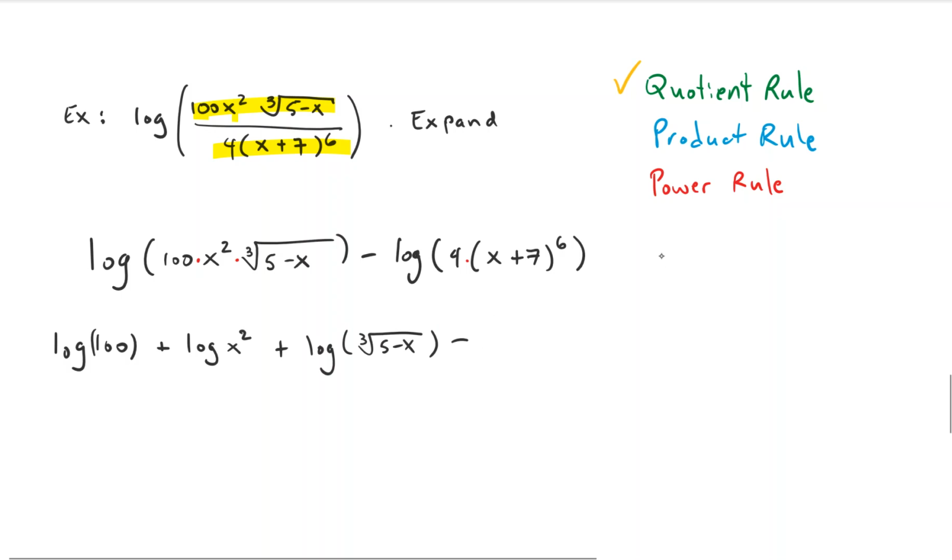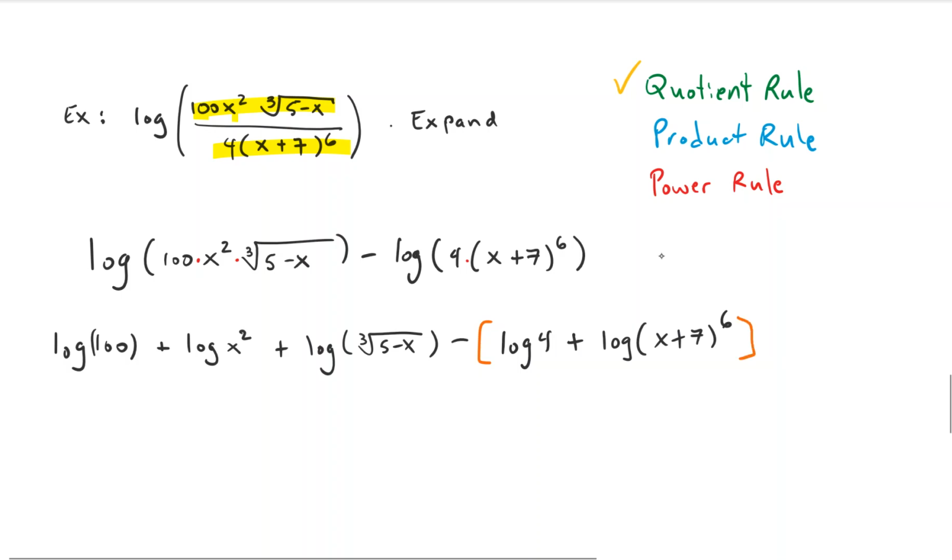I'm going to put that in a different color so that you remember that it's there, because in the end we'll have to distribute that negative out front to all of the terms. Very common mistake. Log base 10 of 4 plus log base 10 of x plus 7 to the 6th power.